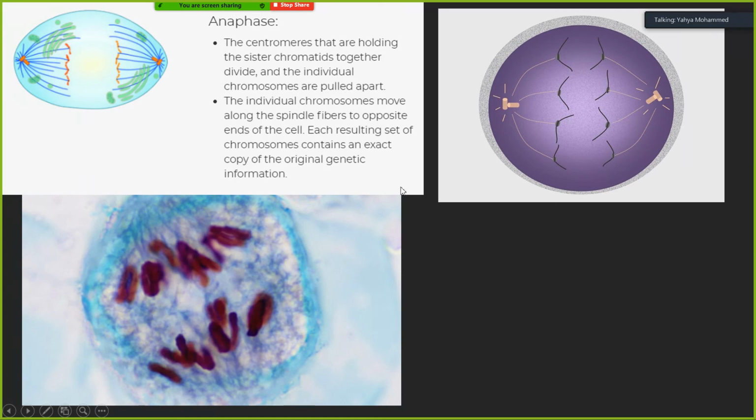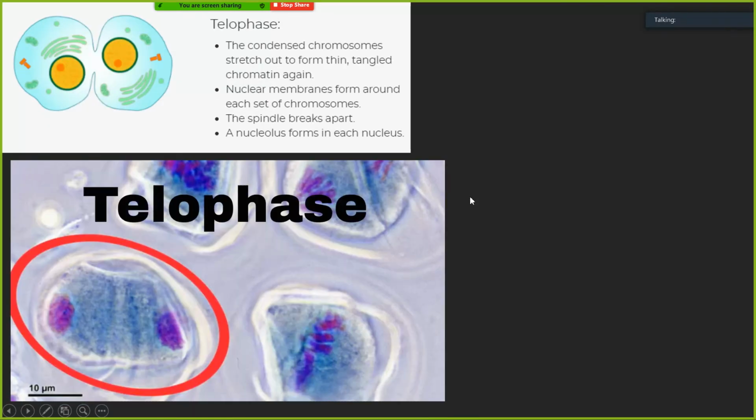So this is called anaphase. It says the centromeres that are holding the sister chromatids together divide, and the individual chromosomes are pulled apart, each copy from one end to the other, by the spindle fibers.